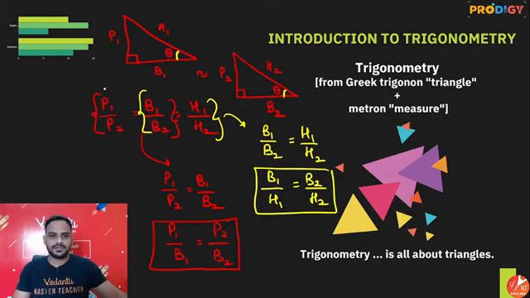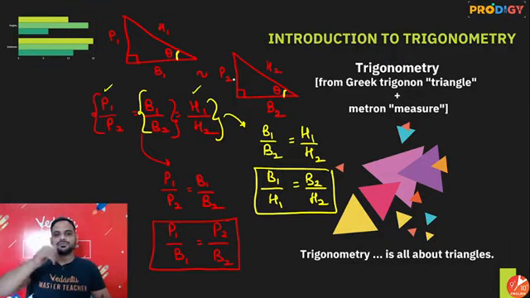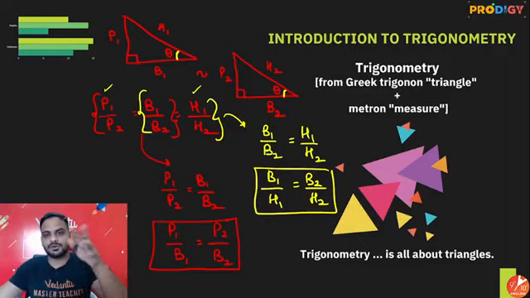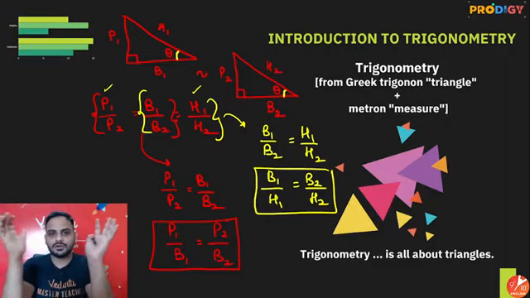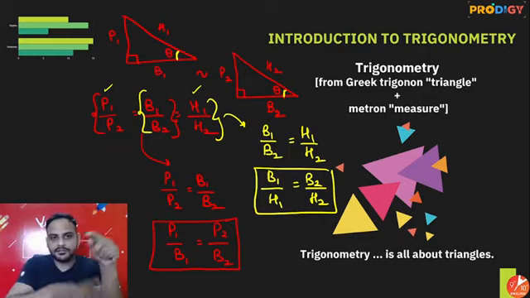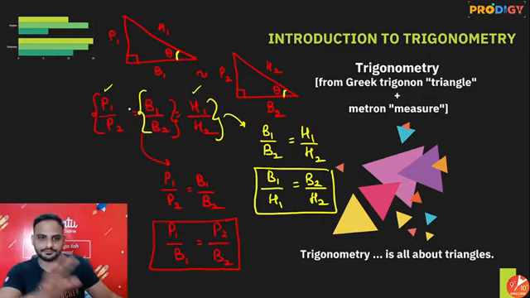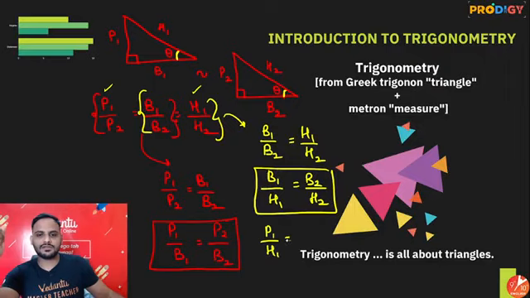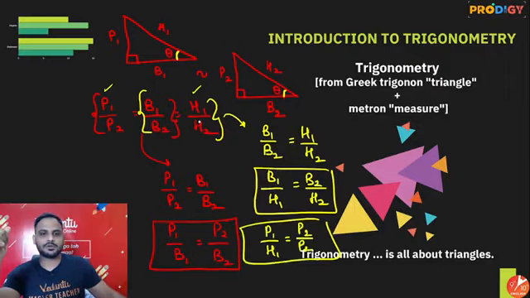If I take P1 by P2 and H1 by H2, I will get P1 by H1 is equal to P2 by H2. So we got to know that if I choose any two sides of this triangle, by these results, I'll also get P1 by H1 is equal to P2 by H2, and their reciprocals are also true.